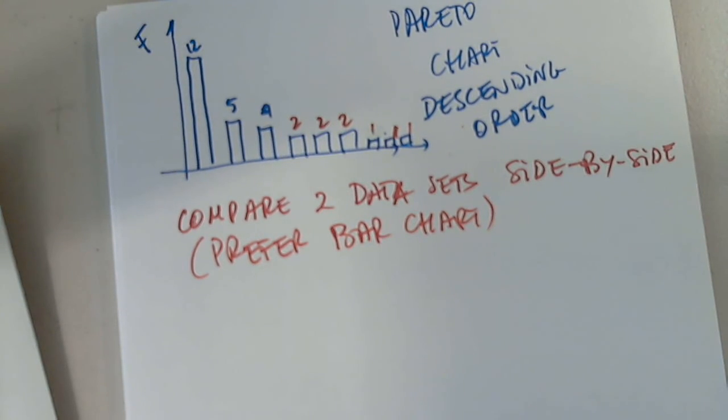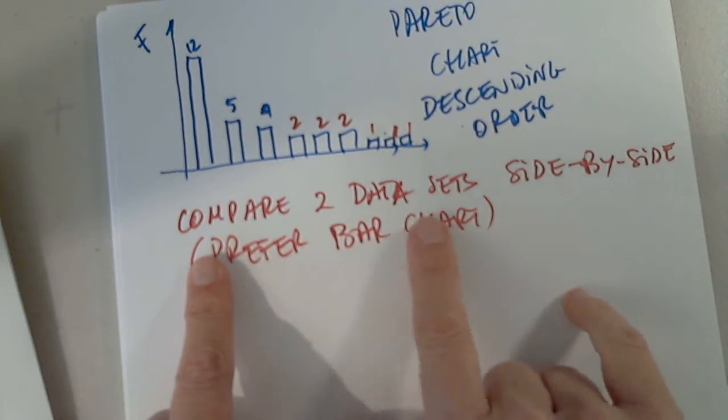The bar chart is a good representation of a comparison, or it will help us compare 2 data sets side by side.